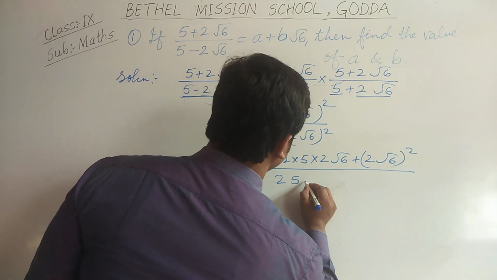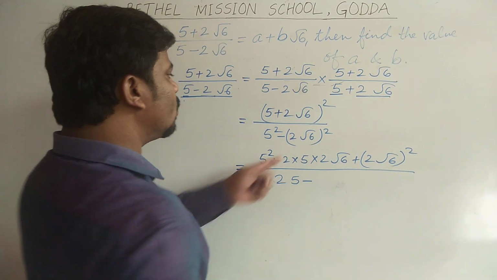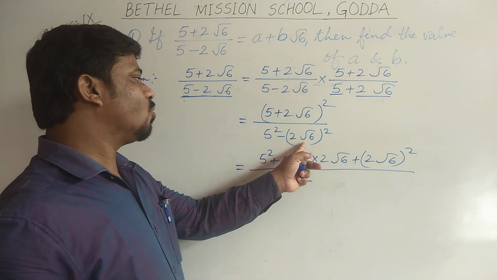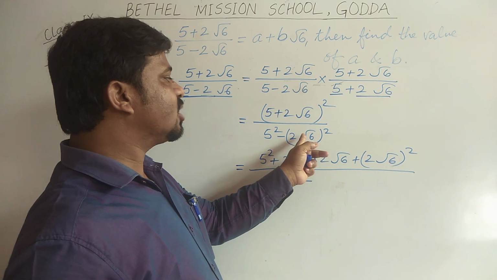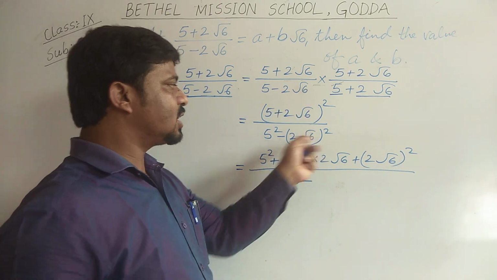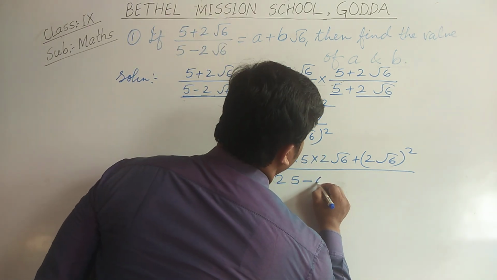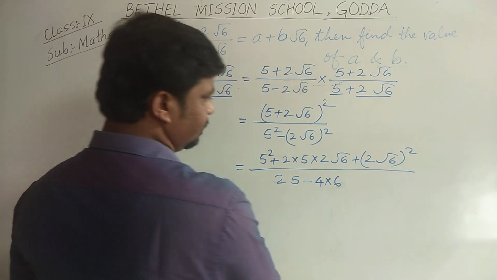25 minus (2√6)², where 2 squared is 4 and root 6 into root 6 is 6. So 4 into 6.